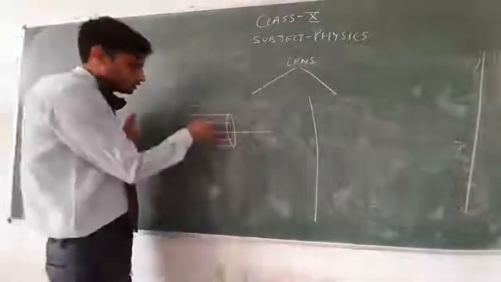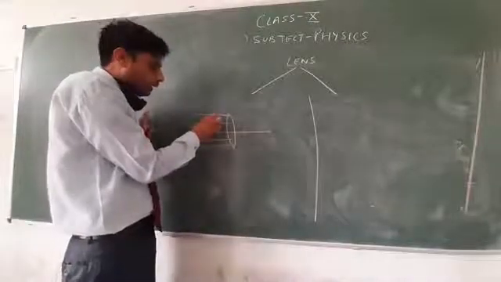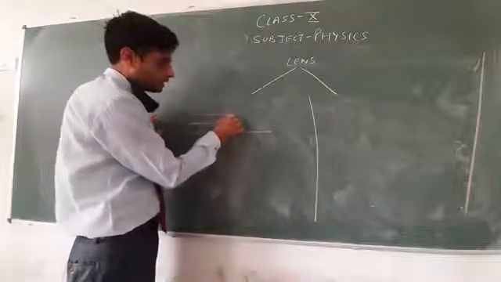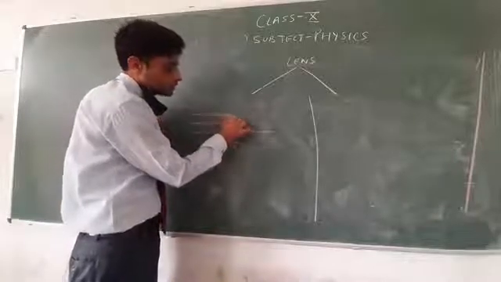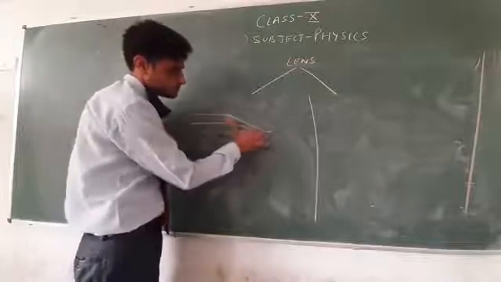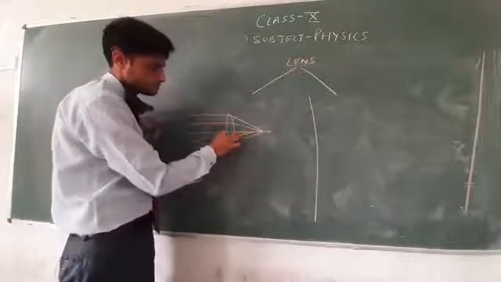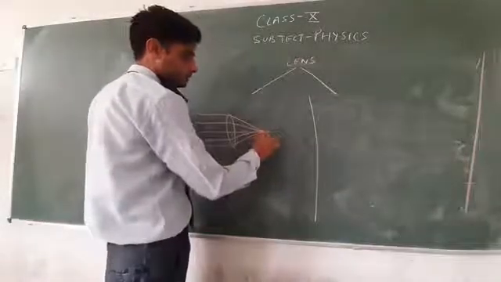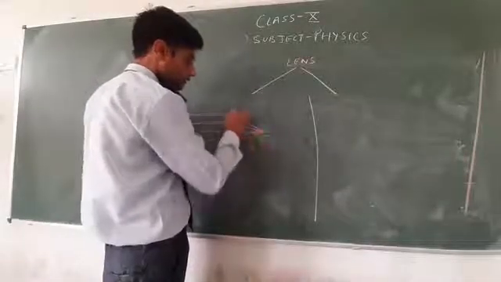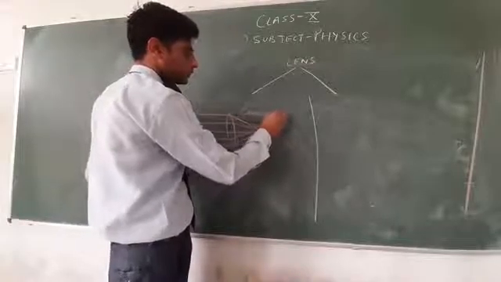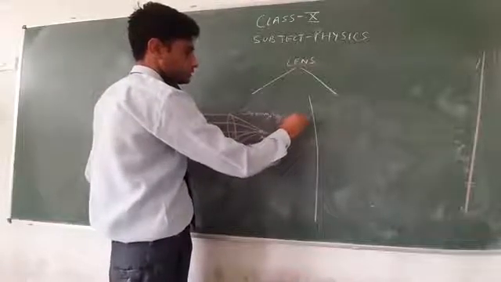But if rays are parallel and close to the principal axis, then after refraction the lens converges all rays at a point. This is known as the focus point. So it means this is a converging lens.